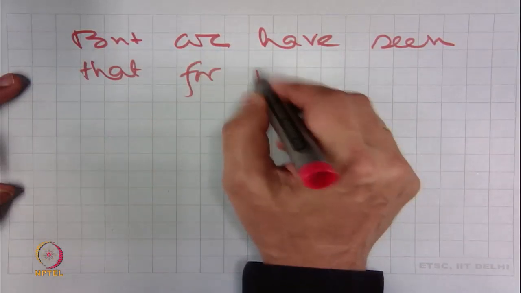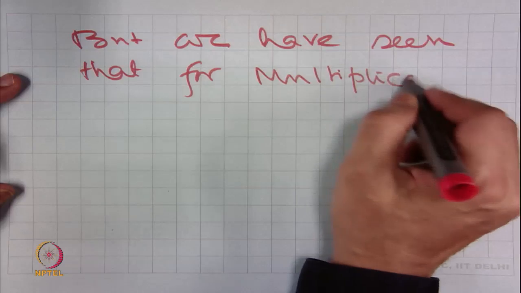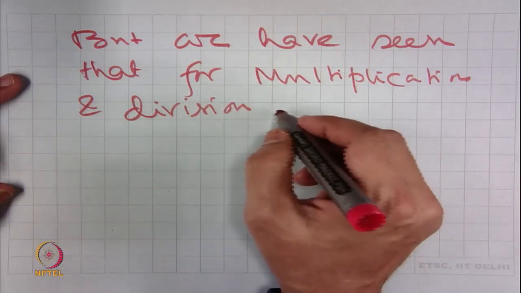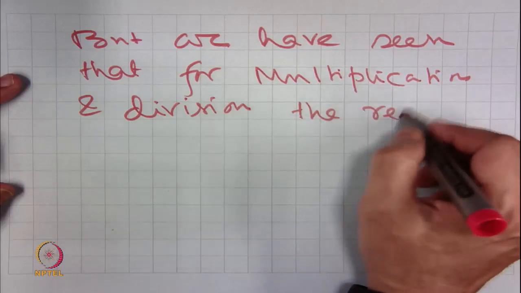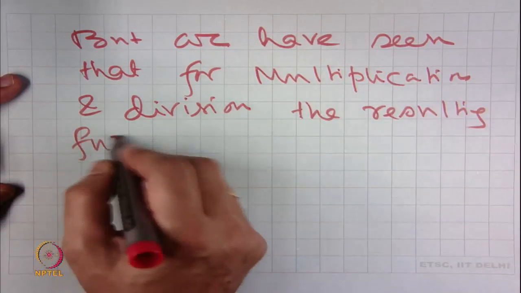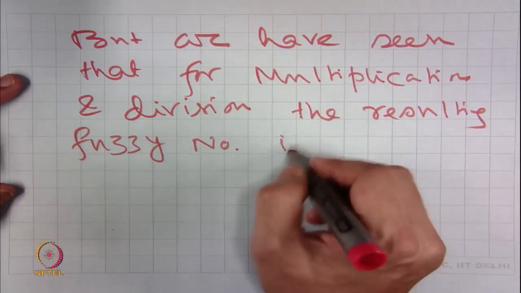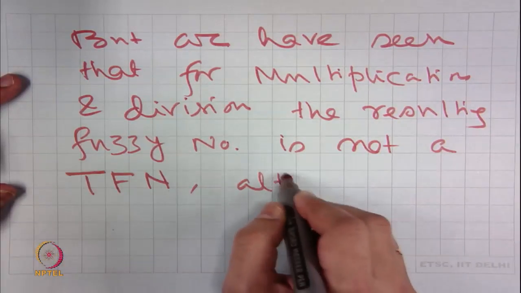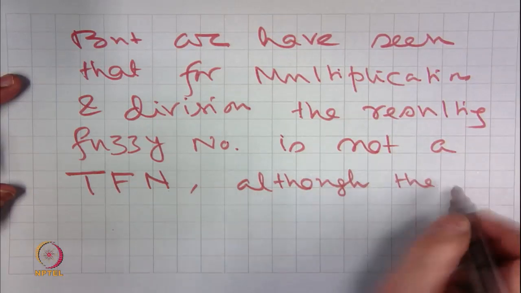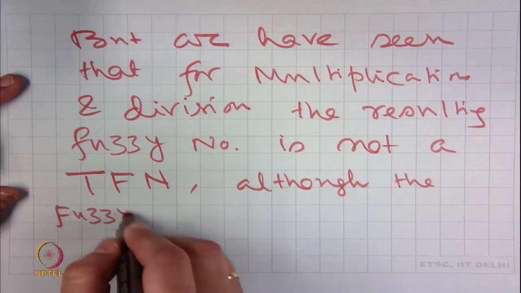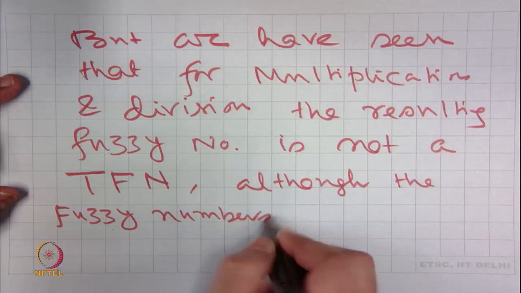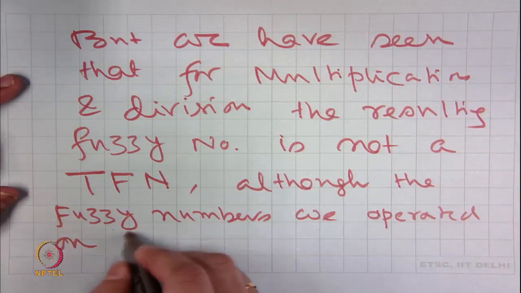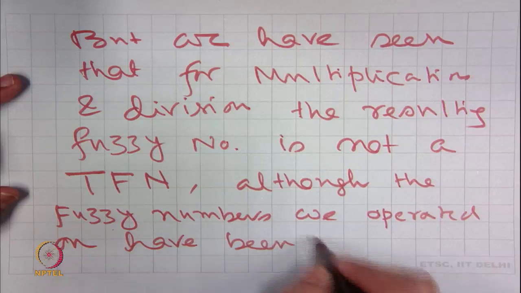But we have seen that for multiplication and division, the resulting fuzzy number is not a triangular fuzzy number, although the fuzzy numbers we operated on have been triangular fuzzy numbers.